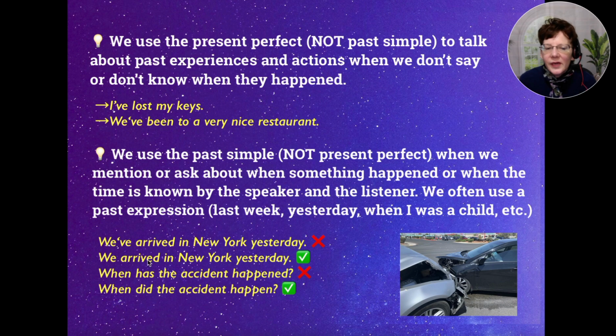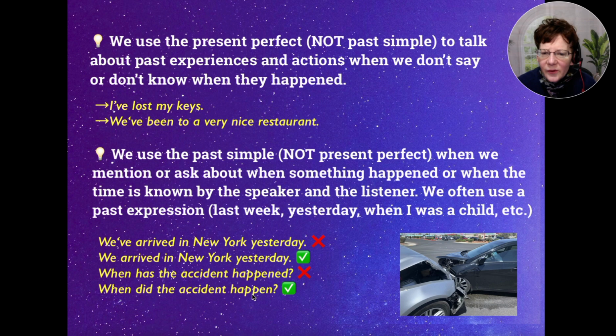Okay, so a couple examples will show what's incorrect and what's correct. We've arrived in New York yesterday, and then, we arrived in New York yesterday. So we can't use yesterday here if we're using the present perfect, only in past simple. And then, when has the accident happened versus when did the accident happen?